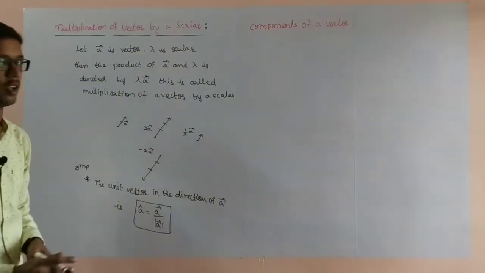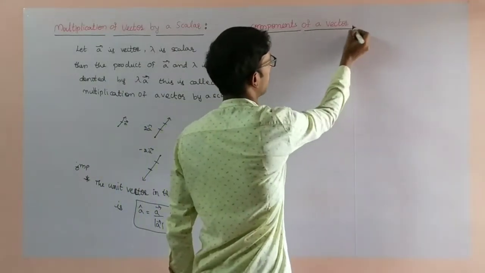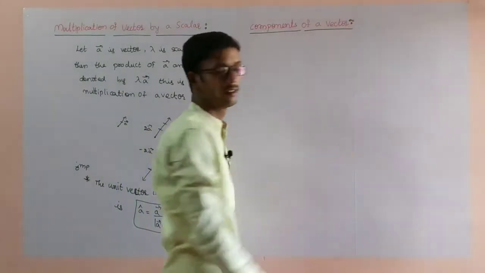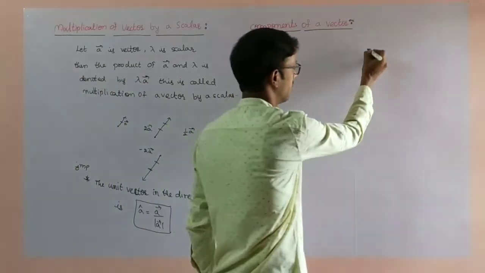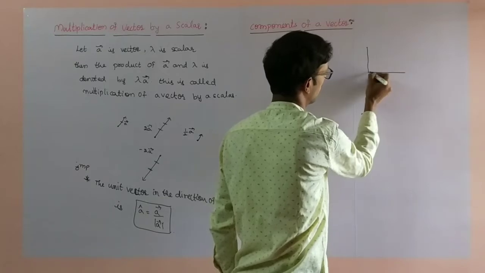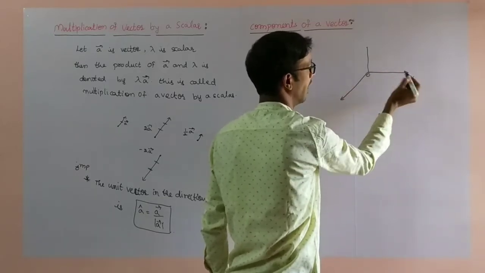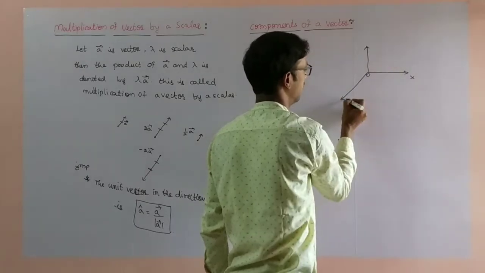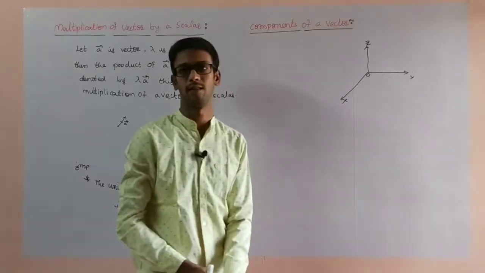Next, components of a vector. I am taking a rectangular system. This is point O, x-axis here, y-axis here, this is z-axis.